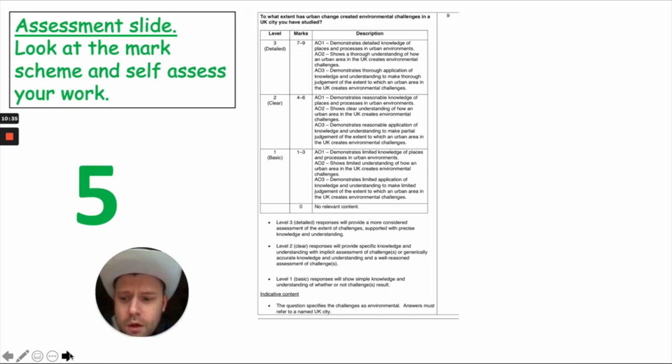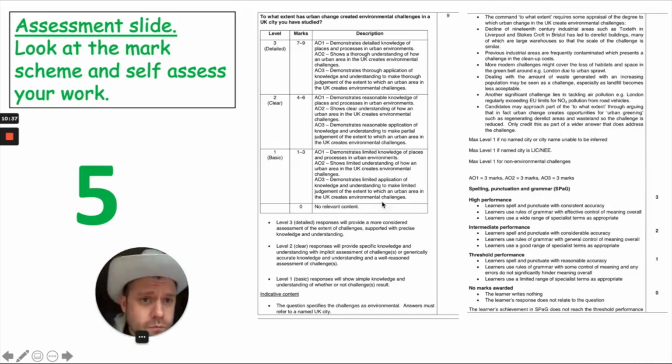If we just have a quick look at the second part of the mark scheme, there's loads of indicative content. That's the examiner speak for what they should be writing about. It's not based on Birmingham, because this exam question could be done by anybody in the UK who does GCSE Geography, but the themes are similar. So, declining 19th century industrial areas, change Toxteth to Birmingham.